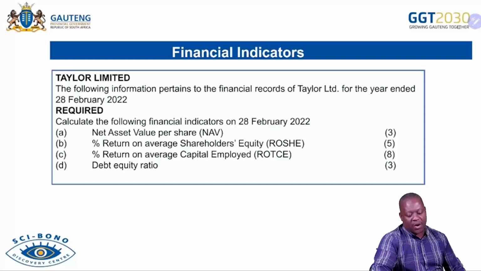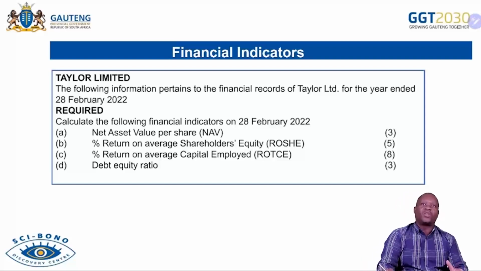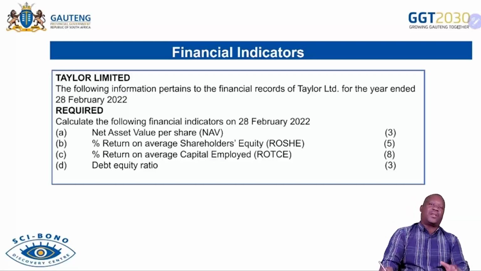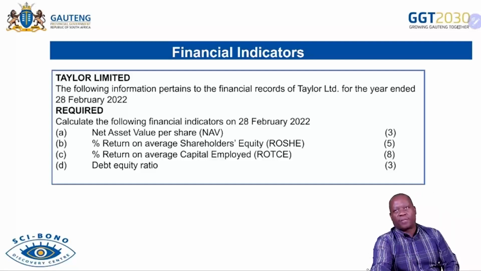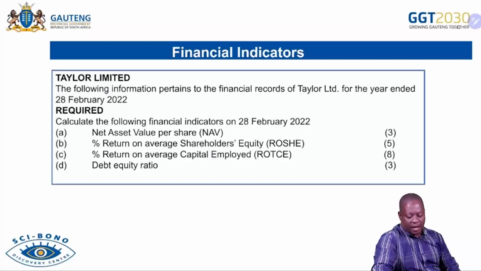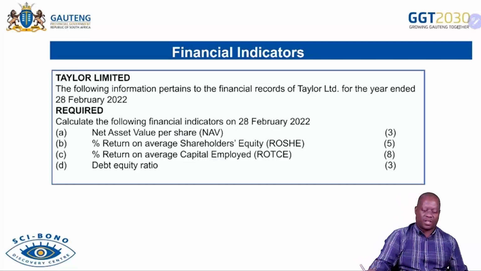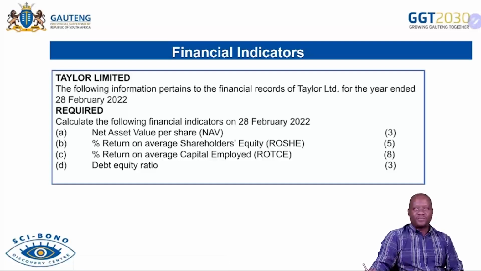We are supposed to calculate the following financial indicators on 28 February. So it means we are much interested in the information at the end of the financial year ending on 28 February 2022. The first one, the net asset value per share.